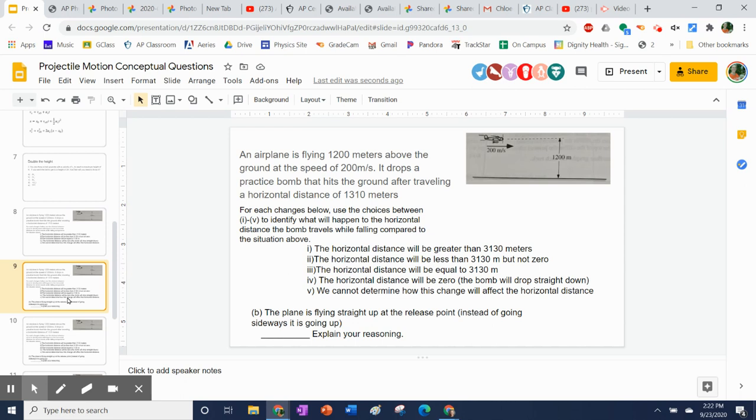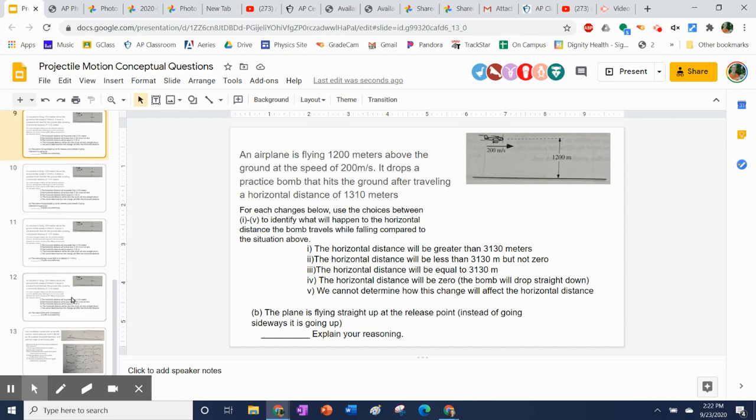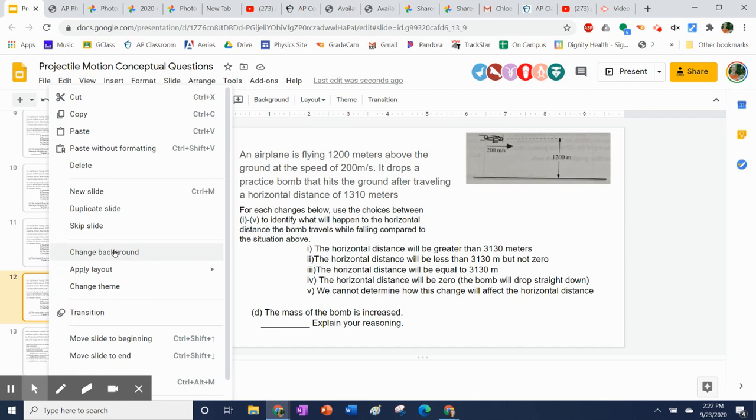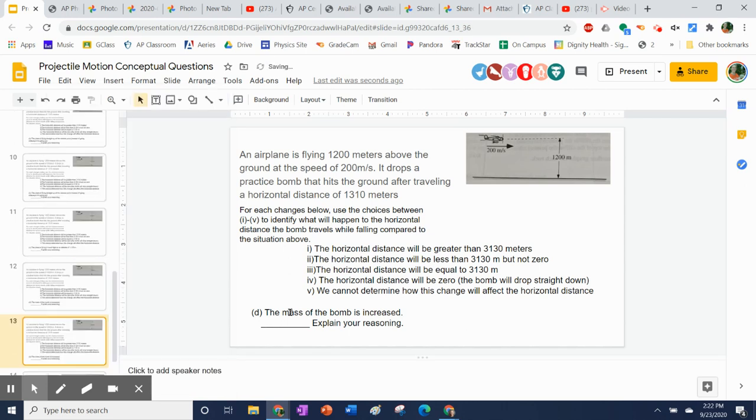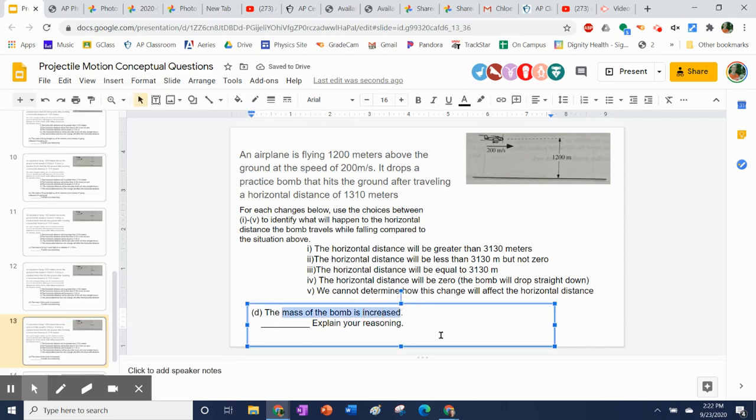All right. And the last one, the bomb is thrown from the plane with a vertical downward velocity of 15 meters per second. All right.